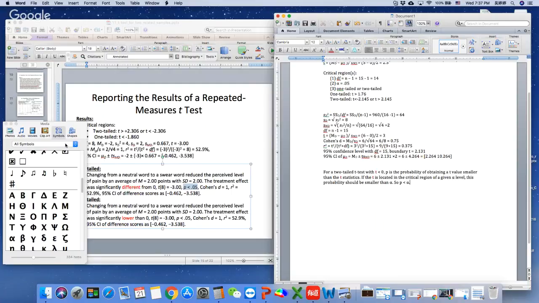So it's the same thing. If the t is greater than 0, then obtaining a value greater than the t statistic, they are the same, just on different tails of the distribution.